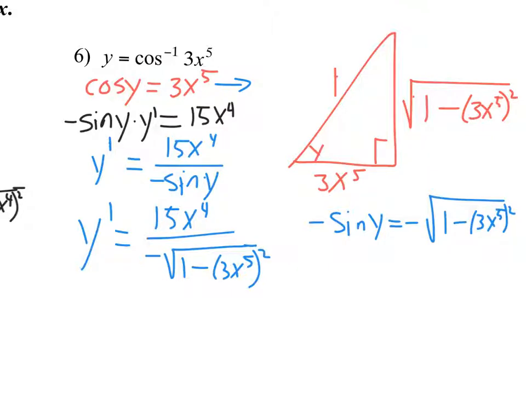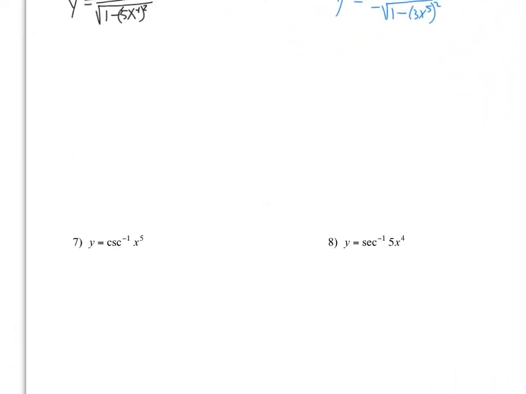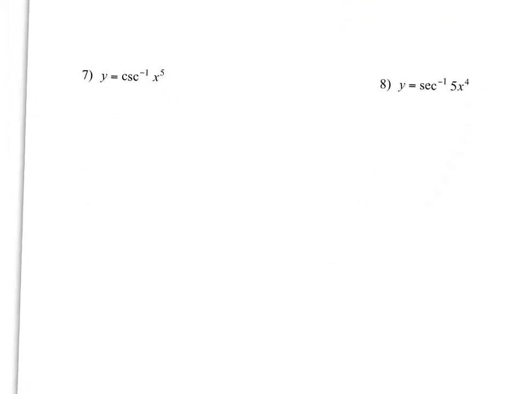All right. Next problem. We've got cosecant inverse of x to the fifth. I'm going to do the same thing that we just did before, and I'm going to write this as cosecant of y is equal to x to the fifth. I know I need a triangle.